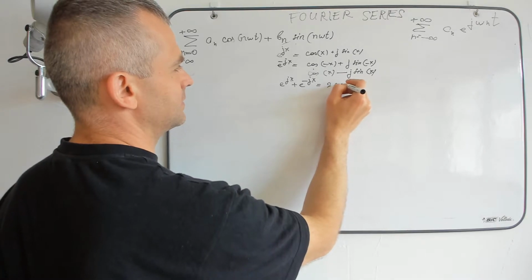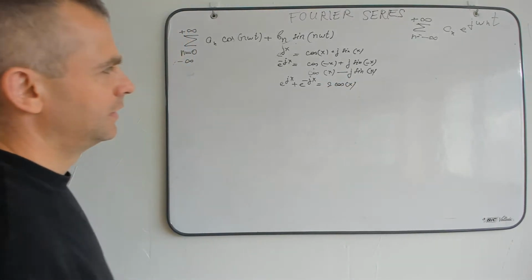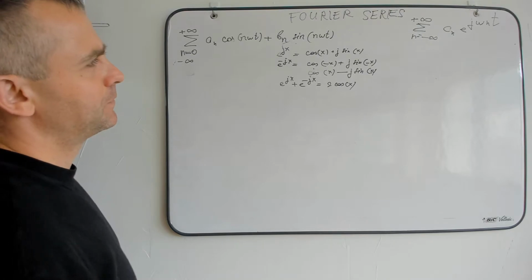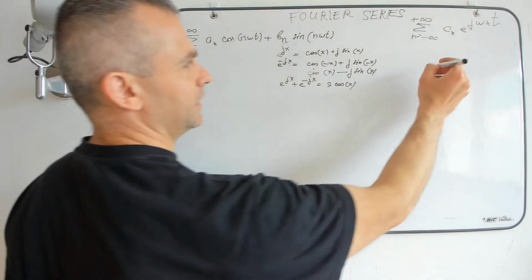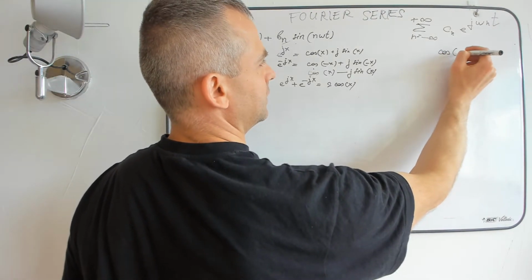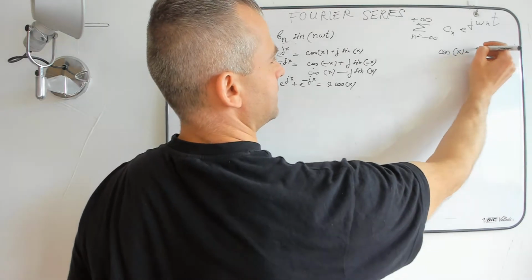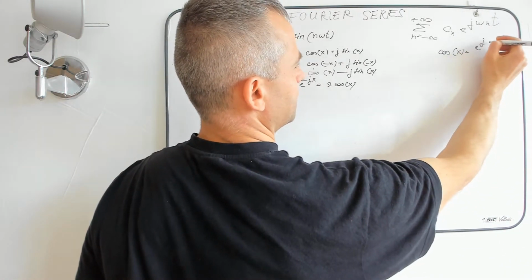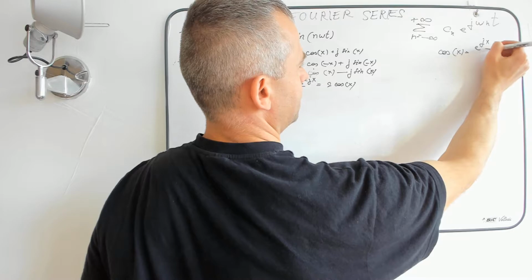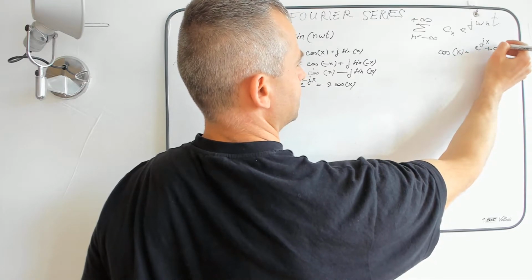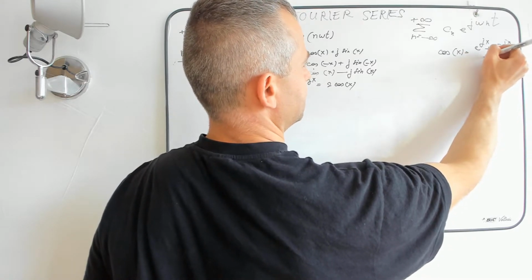I'll get 2 cos of x, and I'll write here cos of x is equal with exponential of jx plus exponential of minus jx divided by 2.